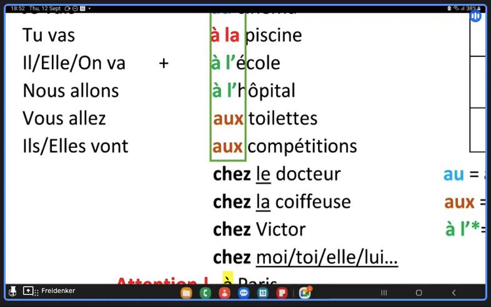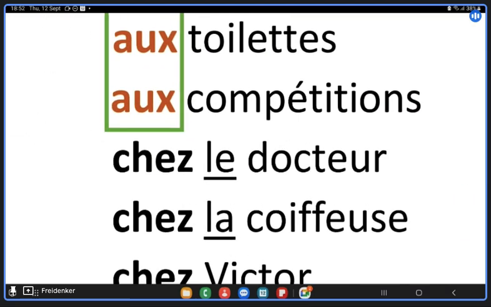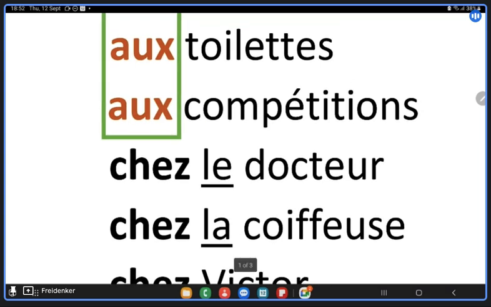So, there are three different examples within chez. When you want to use the words like at the place of the doctor or any profession, you have to use the article there. So that's why chez le docteur and chez la coiffeuse. Coiffeuse is basically a hairdresser. You have professions in the previous semester. There are slides related to that.